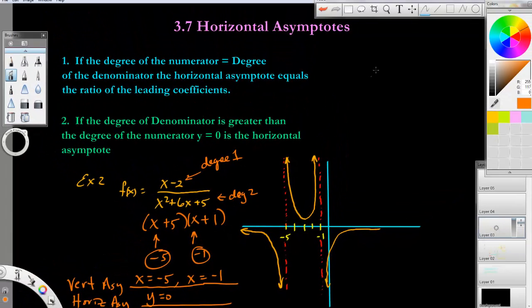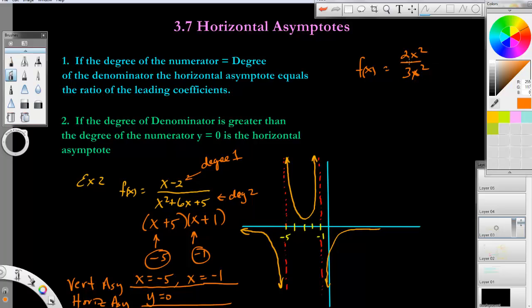If you did have one, which I'll do in another video, where the top degree equaled the bottom degree, then you do the ratio. Let me just do one real fast. Let's say we had 2x squared over 3x squared. These have the same degrees, both degree 2.